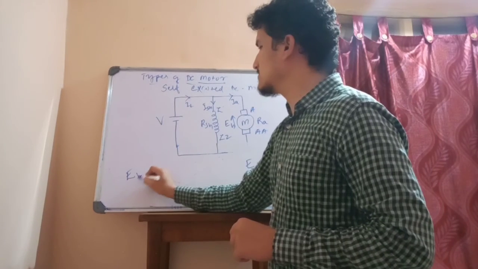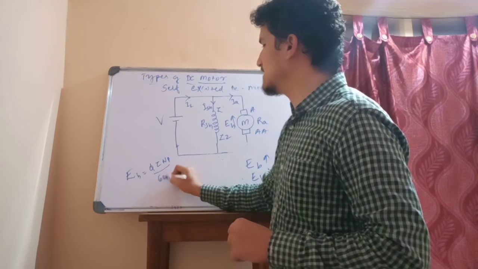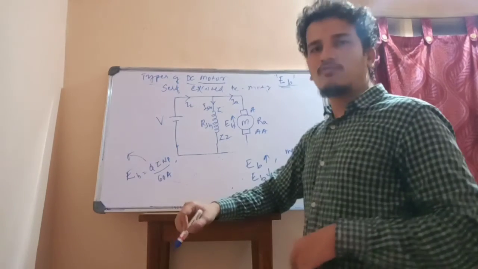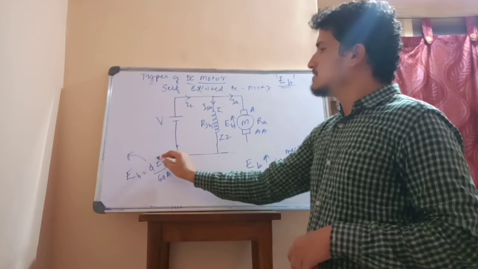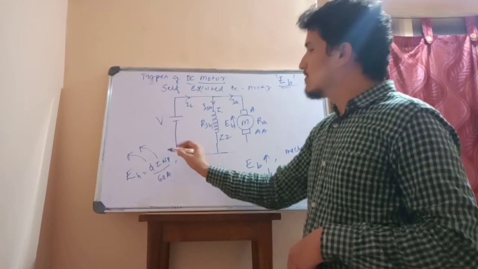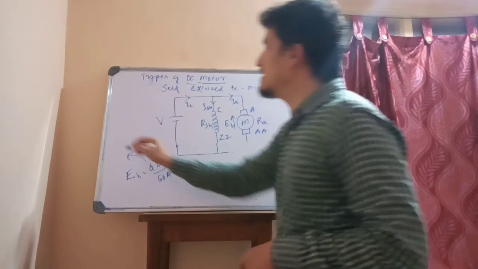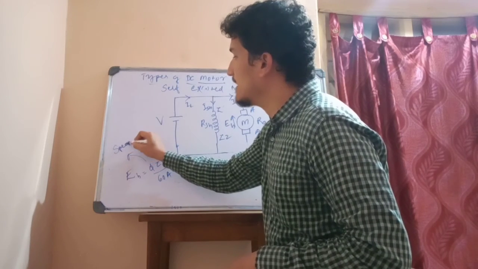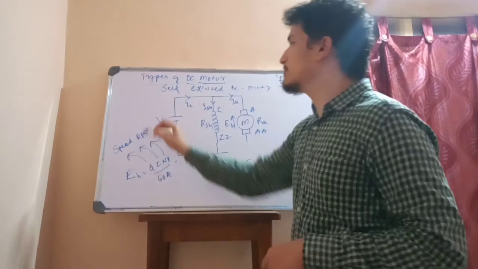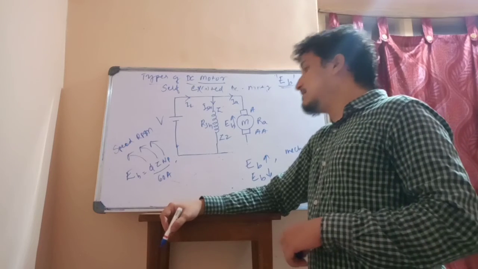EB is equal to phi ZNP divided by 60A. What is phi? Phi is flux per pole. Z is the number of armature conductors. N is the speed of the armature in RPM, not in RPS, meaning revolutions per minute.